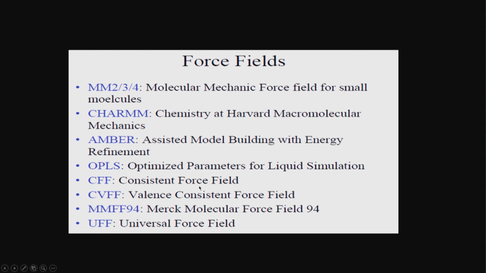CFF, consistent force field, which is also used quite a lot nowadays. CVFF, valence consistent force field. Then MMFF, Merck molecular force field 94, then UFF, universal force field. These are just a few examples, but there are many types of force fields, and generally MM2 and CVFF are used quite commonly, and of course CHARMM and AMBER are also used quite commonly.